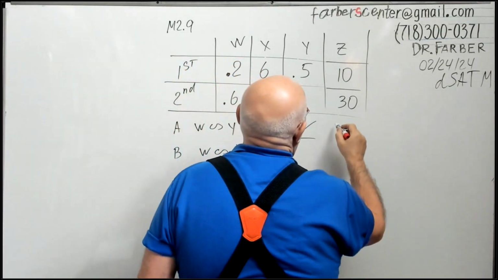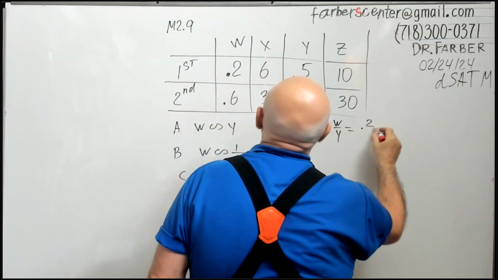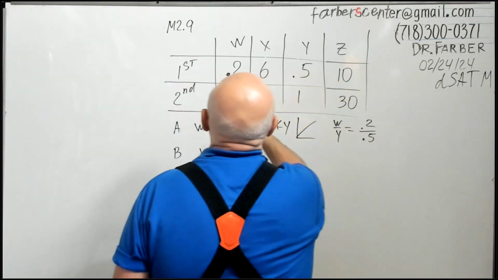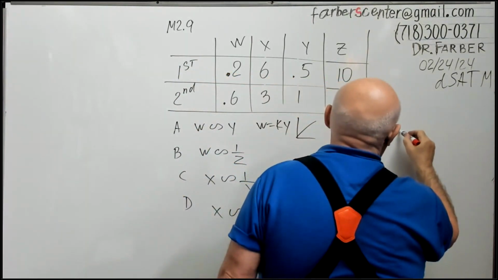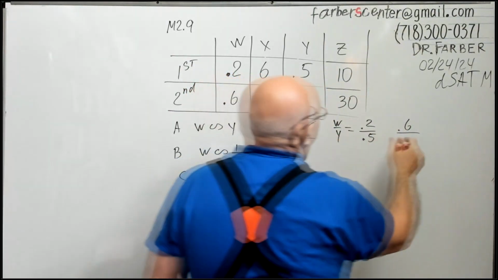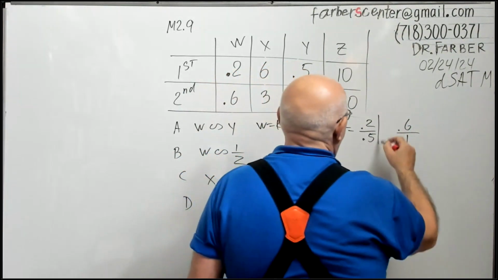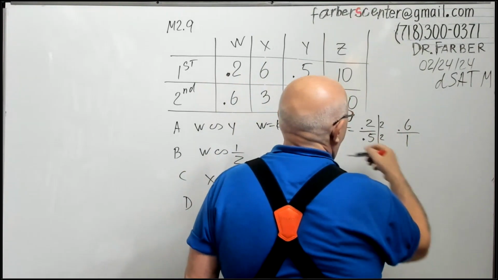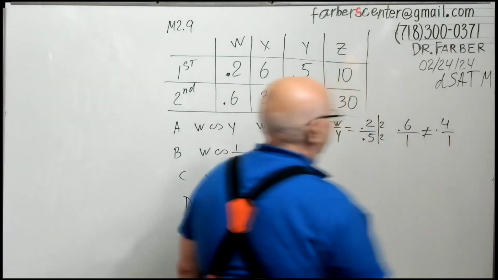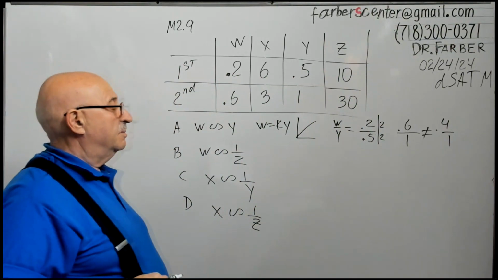For instance, W over Y equals 0.2 over 0.5 or 0.6 over 1. If you multiply numerator and denominator by 2, I get 0.4 over 1, not equal to 0.6 over 1. For proportion, all these ratios must be the same. Does not work. Garbage.